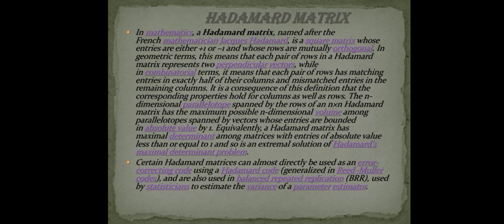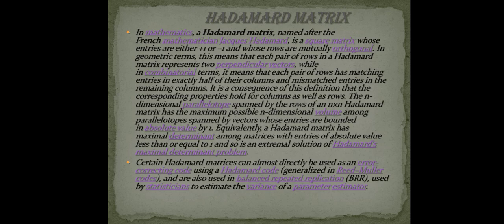Equivalently, a Hadamard matrix has maximal determinant among matrices with entries of absolute value less than or equal to 1, and so is an extremal solution of Hadamard's maximal determinant problem.